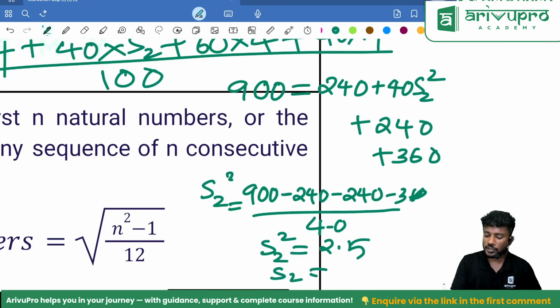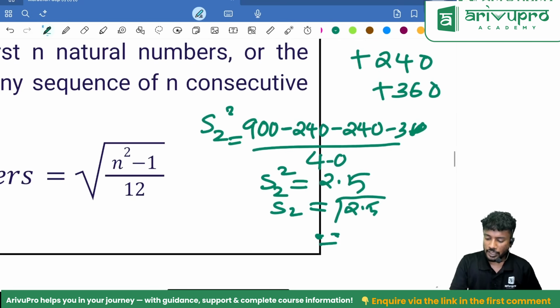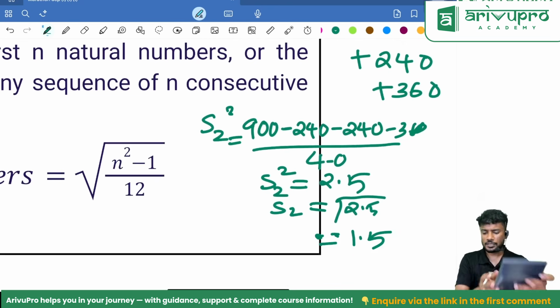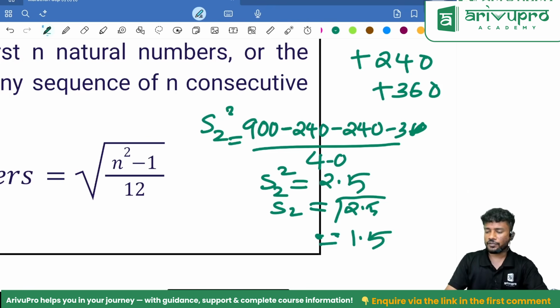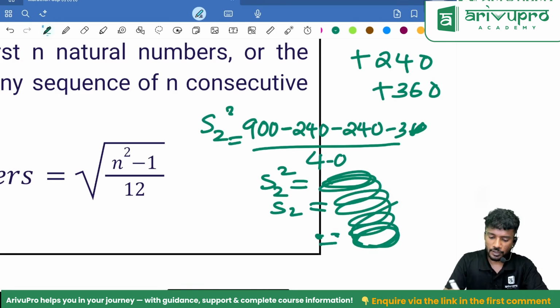S2 is how much? Root of 2.5, which is equal to how much? Are you getting it? So let me check. 900 minus 240 minus 240 minus 360, the entire thing divided by 40, which is 1.5. S2 square is 1.5, right? S2 square is 1.5. Okay.